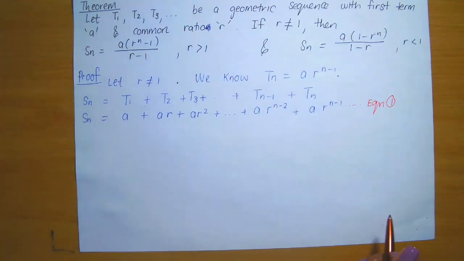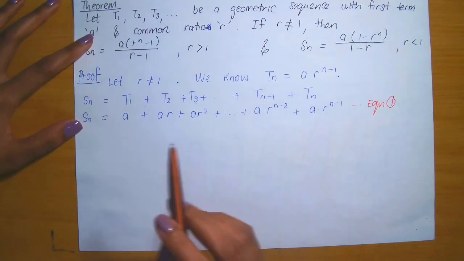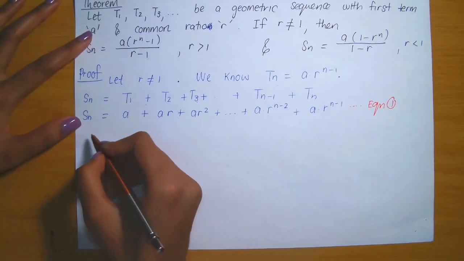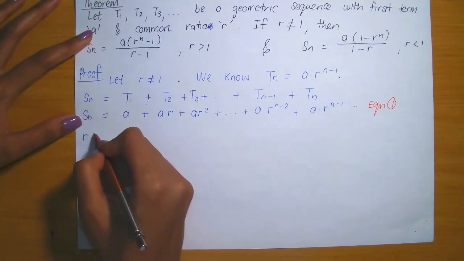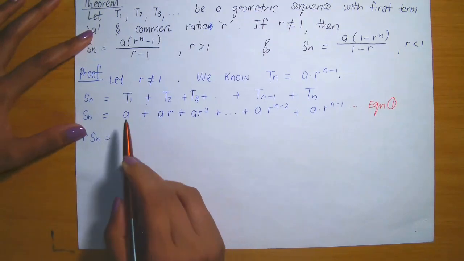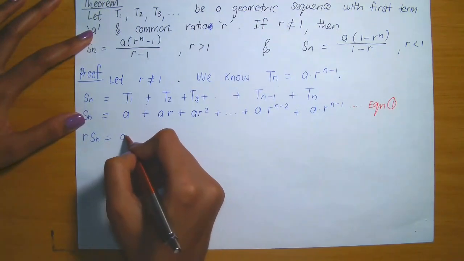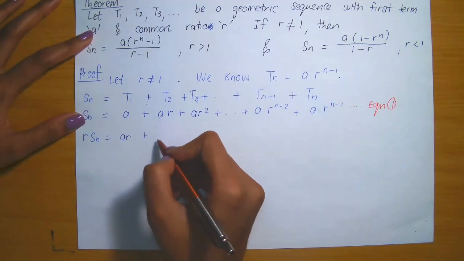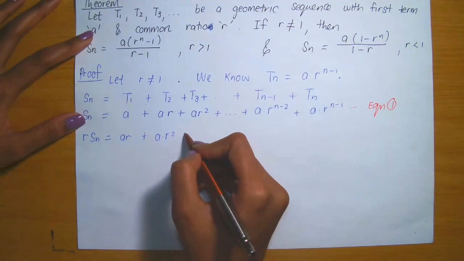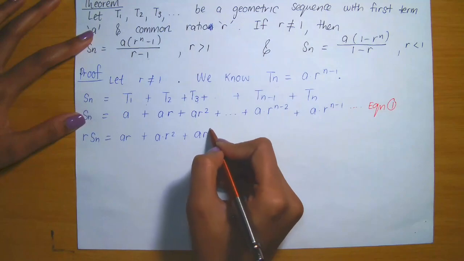Now I'm going to multiply this equation by r, so I want to obtain r times Sn. Multiply every term on the right hand side by r. I then obtain a times r plus a times r squared plus a times r cubed.